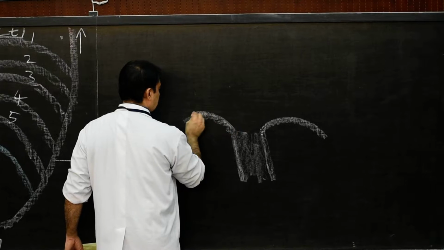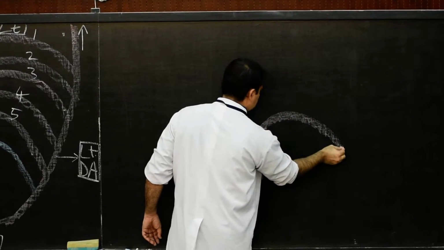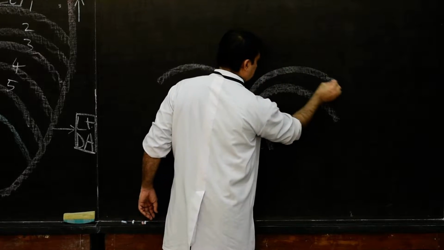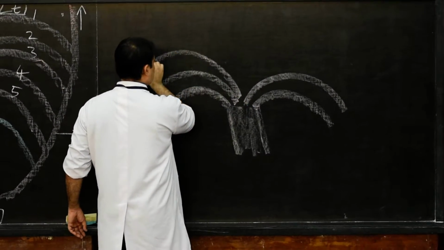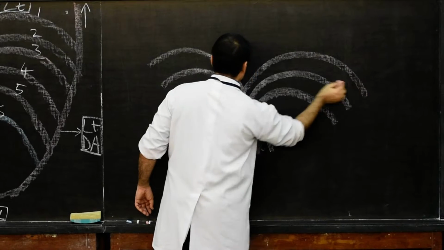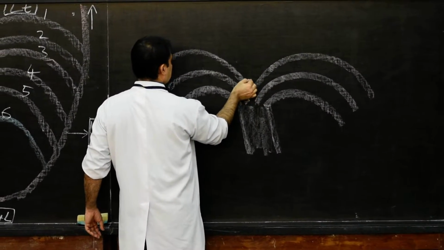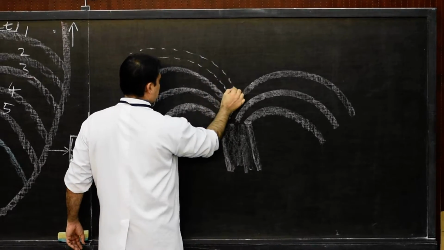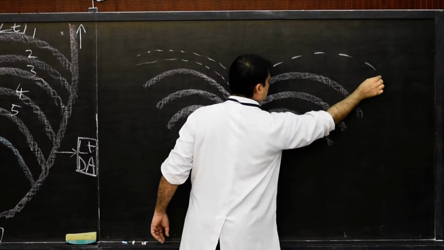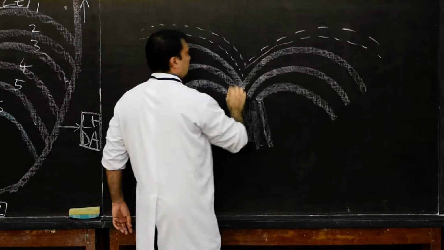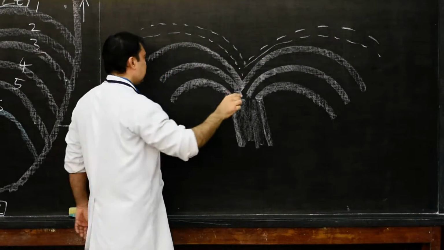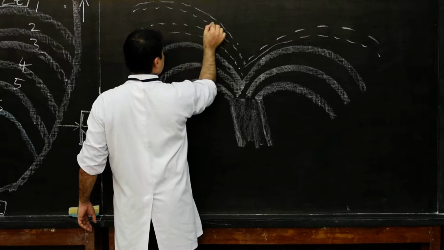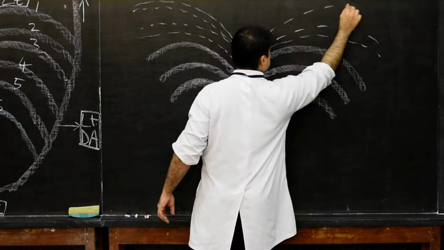So therefore here we start with the fifth, then the fourth, then the third, and then the second. Now the second you draw in the form of dot structure. Same way the first you draw in the form of dot structure.